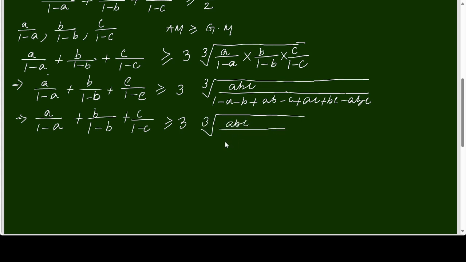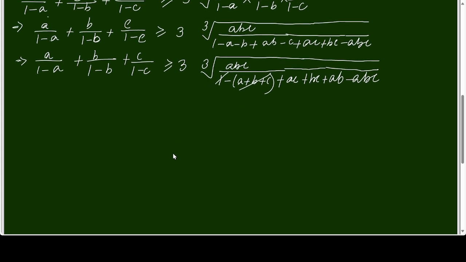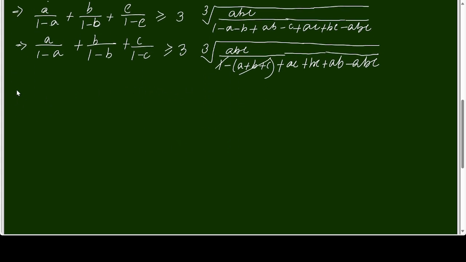Here I'll take all a, b, c together so that I can make a plus b plus c as 1, and what remains is ac plus bc plus ab minus abc, and this is given to be 1. This 1 will be cancelled.